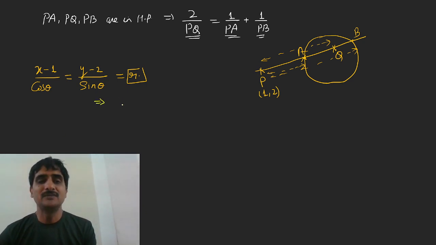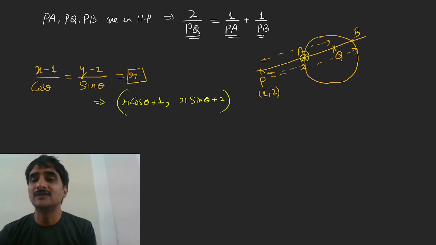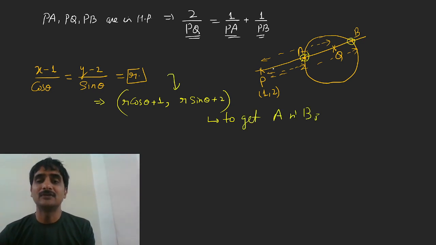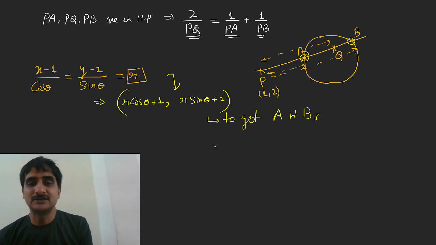So any point will be (r cos theta plus 1, r sin theta plus 2) in terms of variable theta. Now A and B are points on the given circle. So to get the points of intersection, A and B, we need to substitute this point, because for some r, this point should satisfy the circle. So let's put it in the circle.